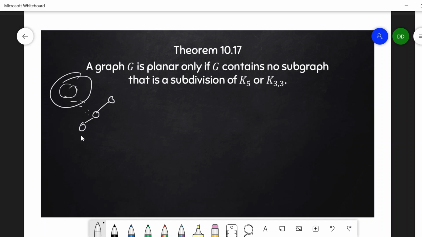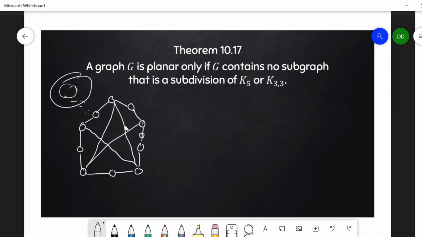So maybe that looks something like, I'll add another vertex in, and maybe I have something like, sorry, let me back up a second. Let's not do those ones. Let's say it's, yeah, here we go. So this, as you can see, is a subdivision of K5.